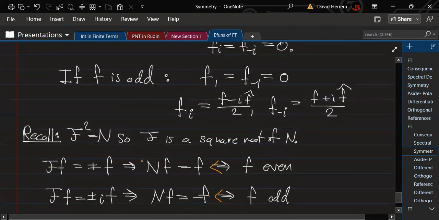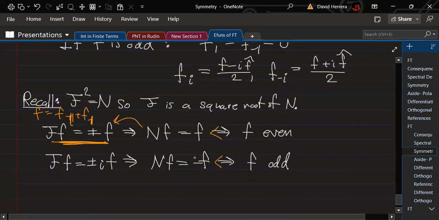So if you're here, you can go back here, but instead of having identity here, f becomes a sum of f plus and f minus, f_1 and f_negative 1. So in a certain sense, f is a superposition of solutions to this. Same thing here. If you have this kind of eigenvalue here, you go back here, but f now needs to be a sum of one solution to this with a positive sign and another one with a negative sign. So there's a certain superposition.